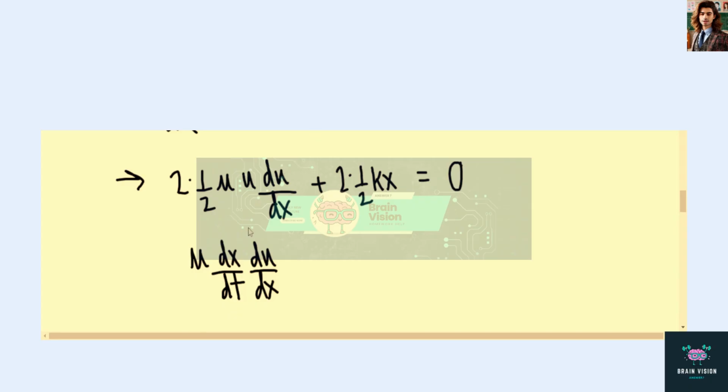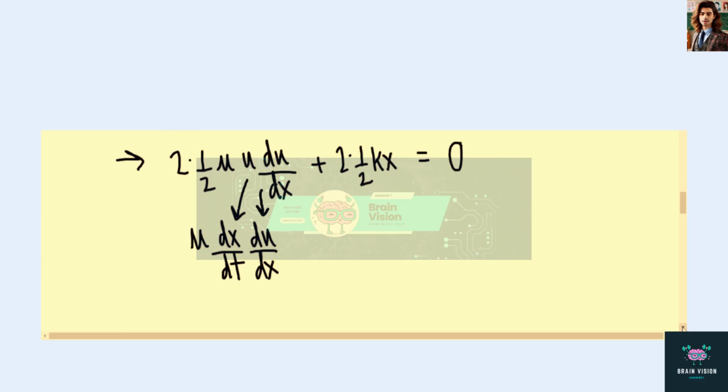But notice that u is actually a derivative itself. It's the first derivative of position x, so it's the derivative with respect to time of position. And of course, du dx is already a derivative with respect to x. So we have the chain rule going on, dx with respect to time and du with respect to x. What we've really got here is du with respect to time, du dt, because we're multiplying these two derivatives together by the chain rule from calculus.